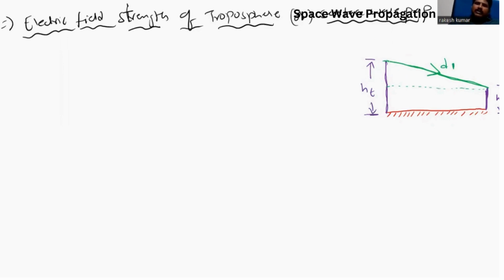What is the second path? It is the indirect path. It comes to the earth surface, touches the earth surface, and reflects back and comes to the receiver. Okay, so this is D2. If we observe here, we extend the same replica here. This is nothing but again HT.